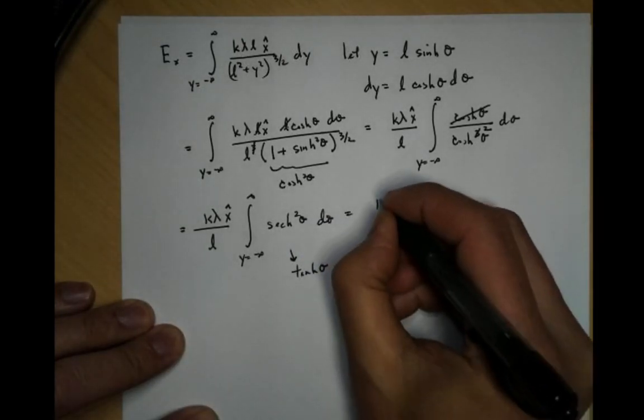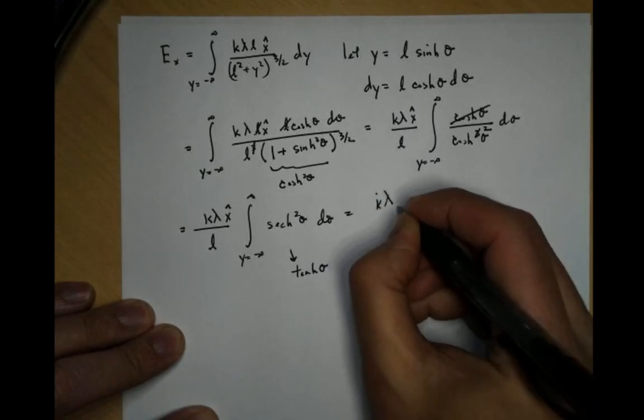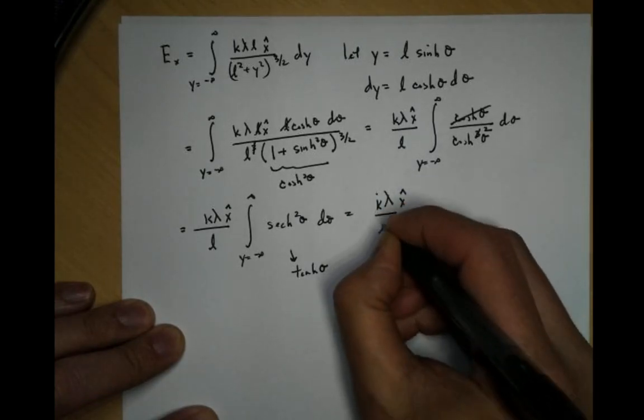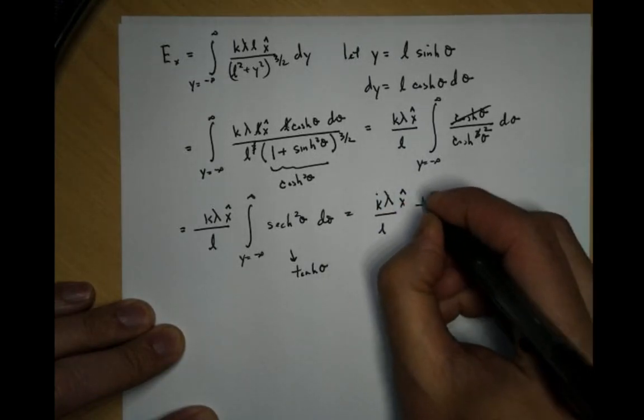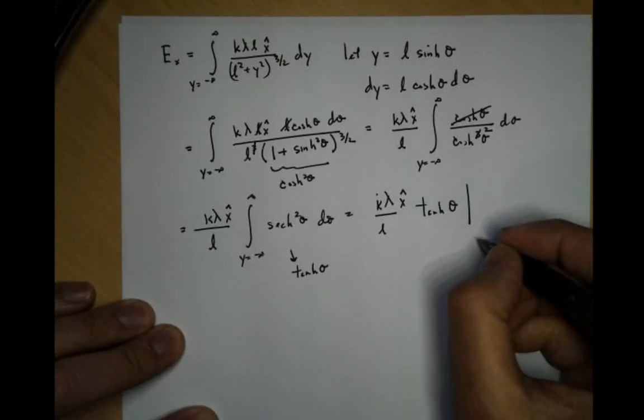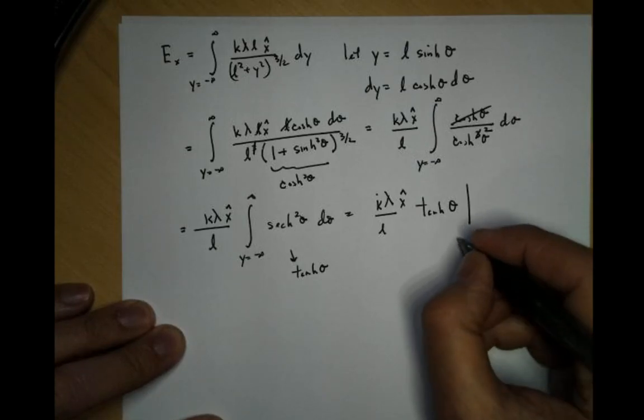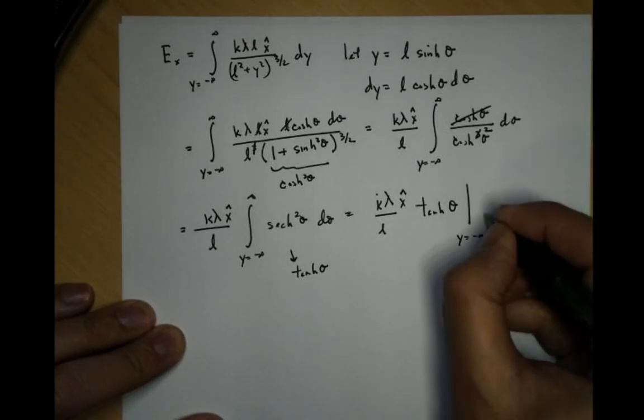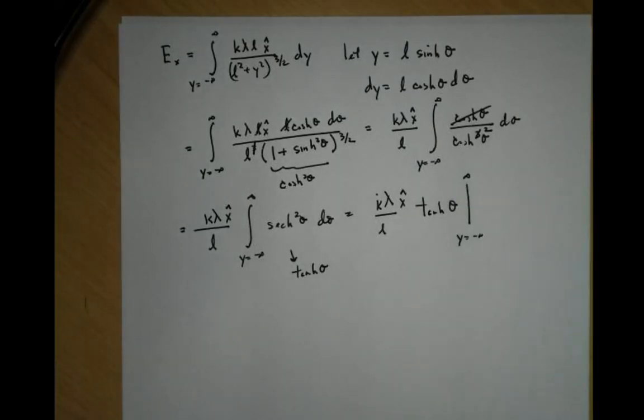So it's going to be k lambda, keep the x hat still, over L, tanh theta evaluated between y equals minus infinity and infinity. Now we just have to be a little bit careful about how we're going to do this. What's the right way of saying this thing?